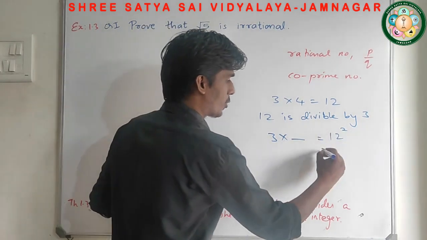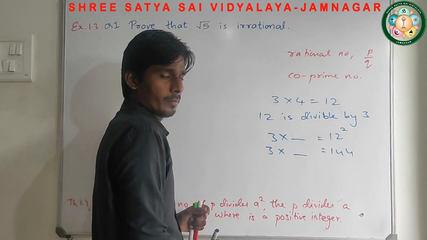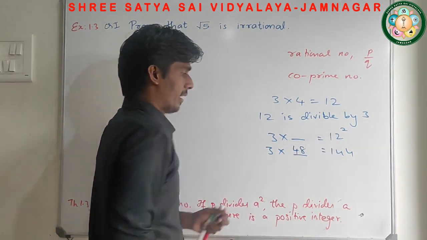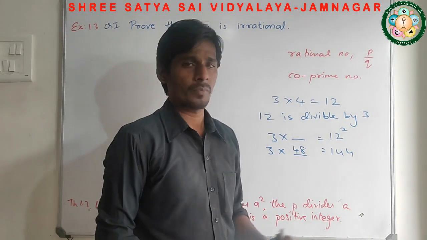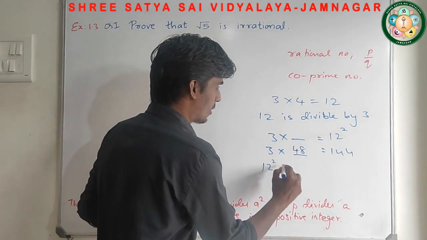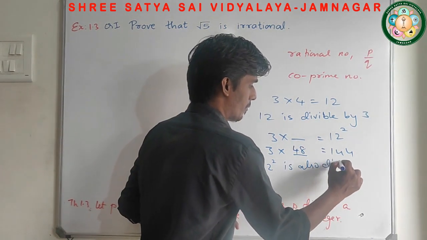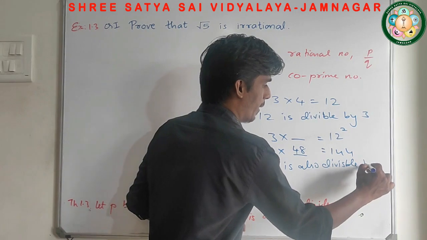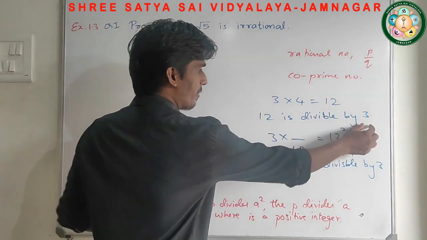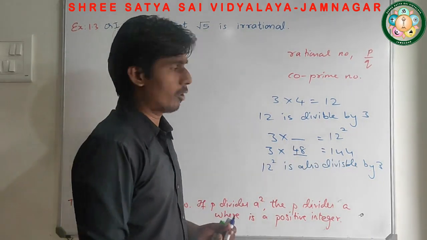Obviously, 12 square is 144. 14 into 3 is 42... 48 into 3 is 144. So now I can write that 12 square is also divisible by 3. What does it mean? If 12 is divisible by 3, तो उसका जो square होगा वो भी 3 से divisible होगा.